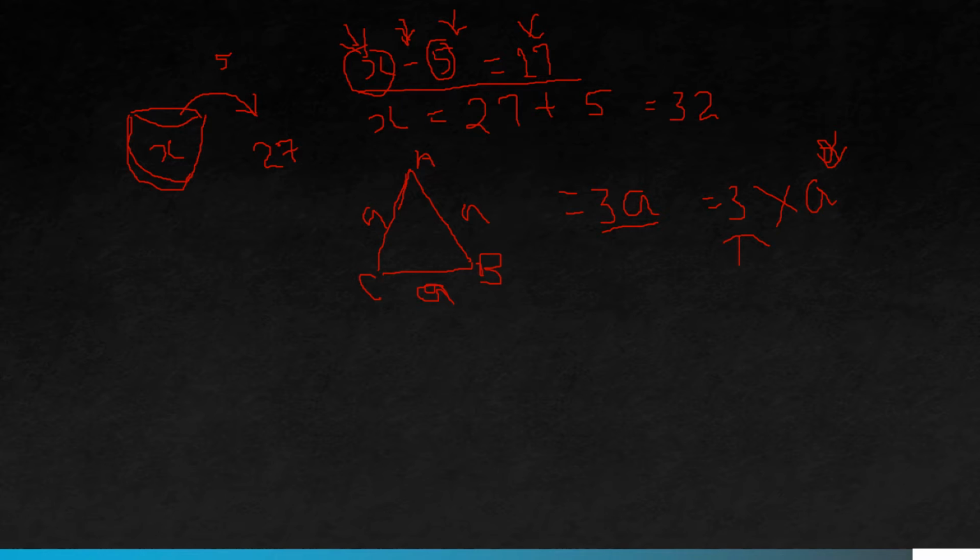Now what is the numerical expression, and what is the algebraic expression? There are two terms. So what is a numerical expression? A numerical expression will contain only the constants and the mathematical operations, like for example 3 plus 5 is equal to 8.